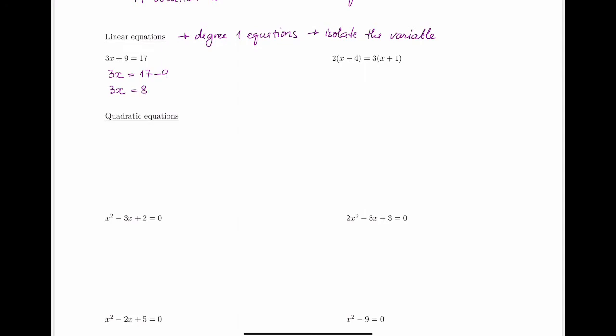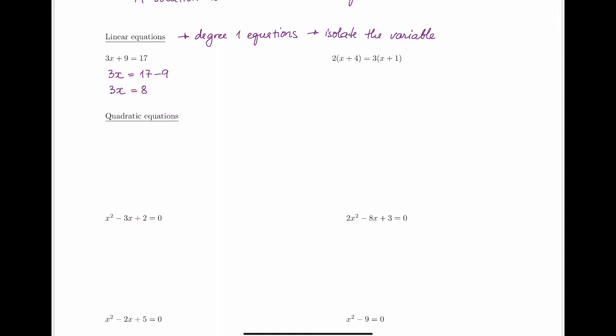So here I can actually perform the subtraction. 17 minus 9 is 8, but I am not interested in the value of 3x. I would like to know what x is. So my next step will be to divide both sides by 3. And this is important to remember too. Whatever you do to an equation, you must do to both sides of it, because I have to keep the equal sign true to itself.